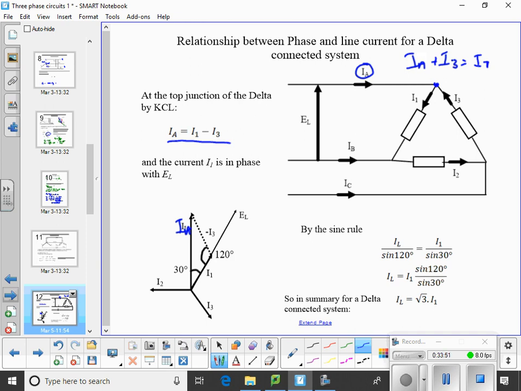We've got this triangle again. We use the sine rule, IL over sine 120 is equal to I1 over sine 30. Again, that comes out as root 3. Okay, so in a delta connected system, the line current is root 3 times the phase current. Yeah.